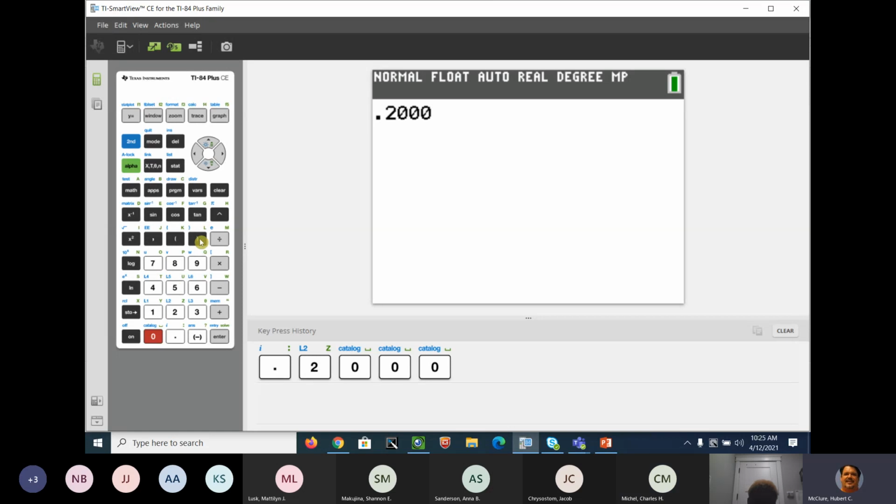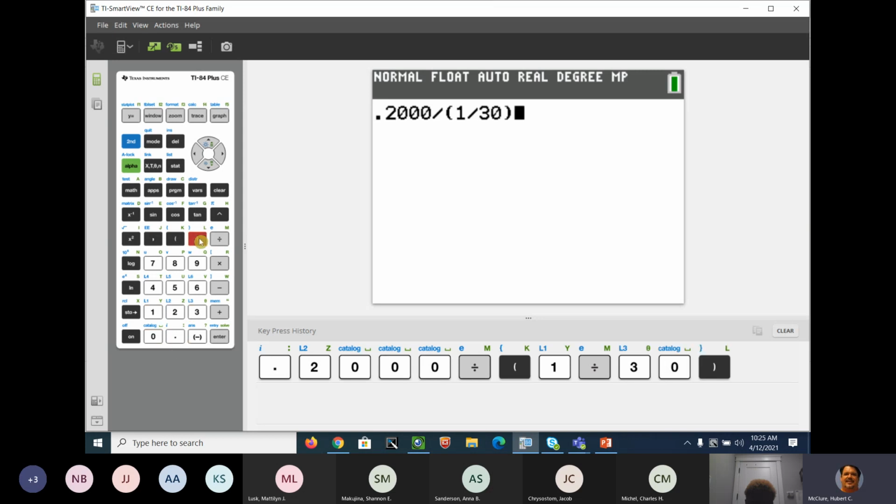0.2000 divided by parentheses 1/30. See, I typed it in just like it looks. I didn't do any shortcuts. I didn't do any multiply by the denominator. I just typed in 0.2000 divided by 1/30, and that is equal to 6 minutes.